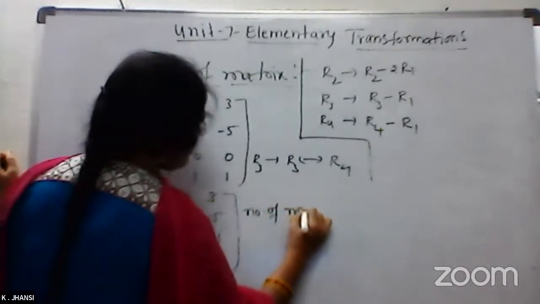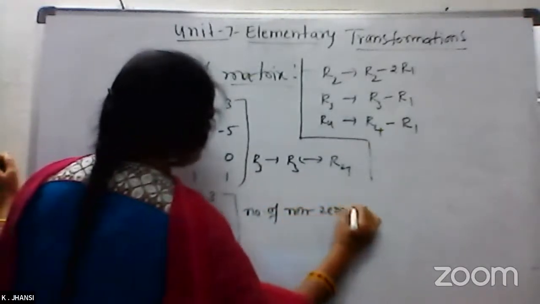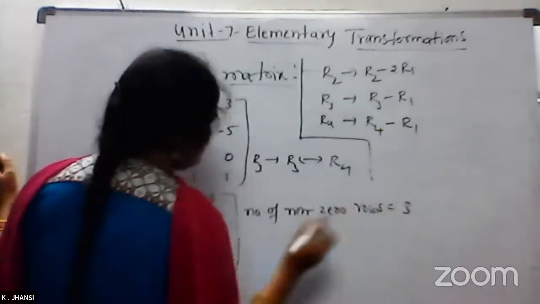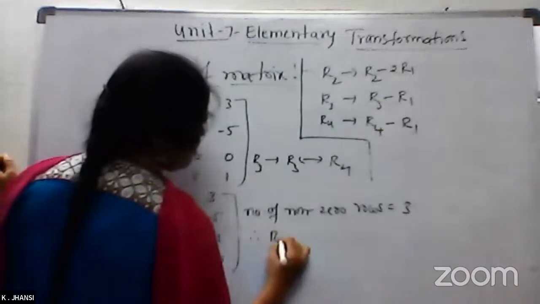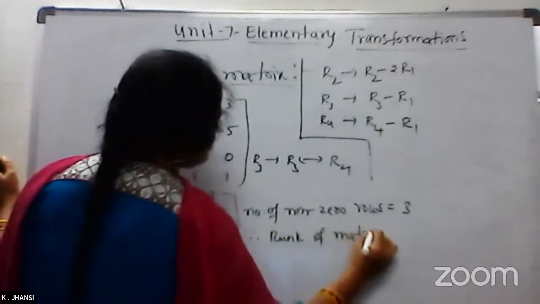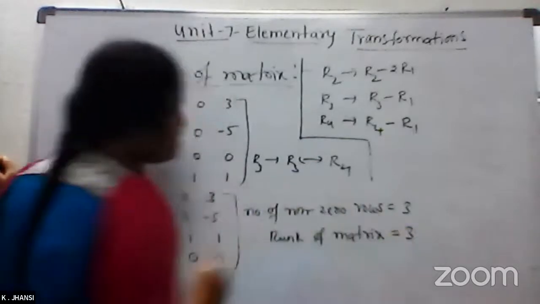Number of non-zero rows is equal to 3. Therefore, rank of matrix is equal to 3. Okay.